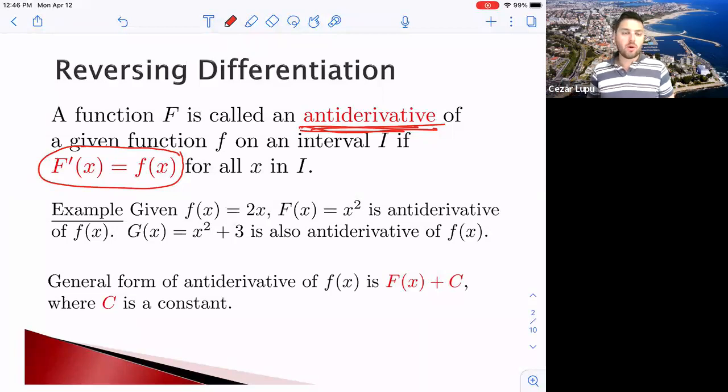Okay, so let's see an example. Let's take the function f of x equals 2x. Of course, you know that there exists another function whose derivative will give you 2x.